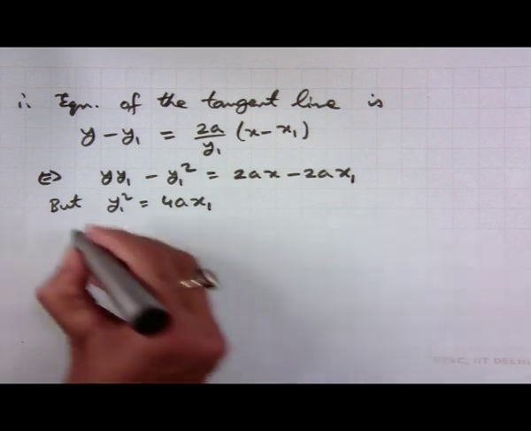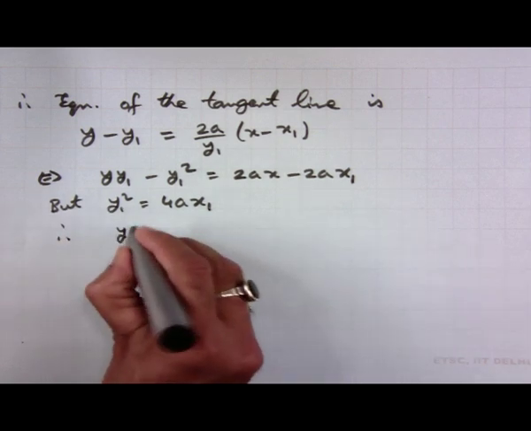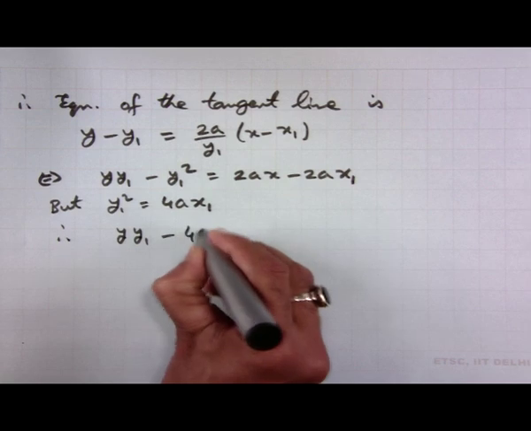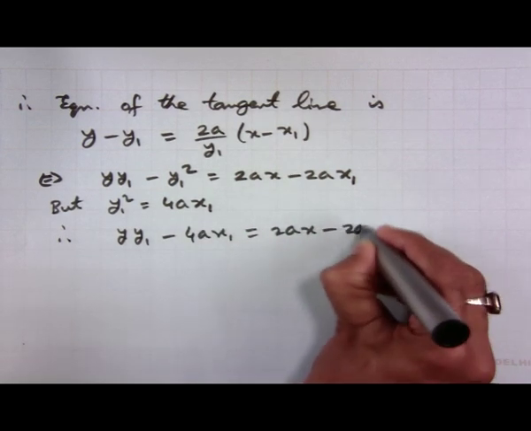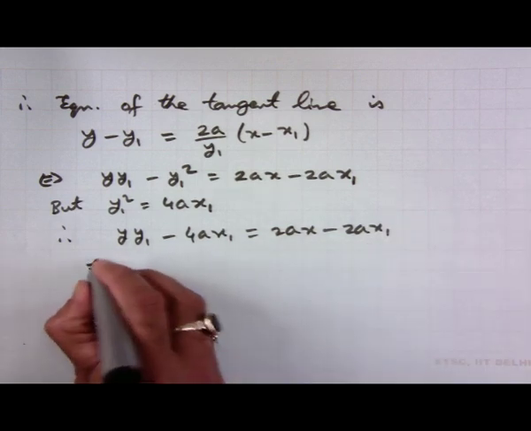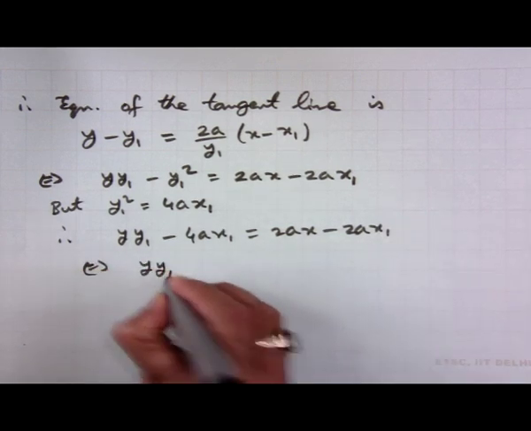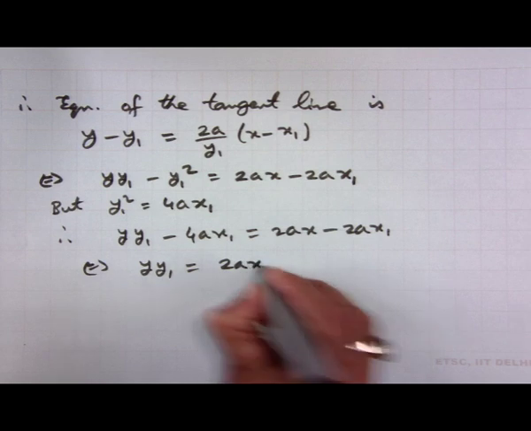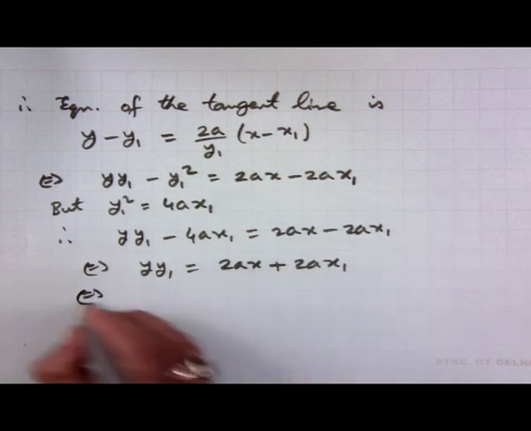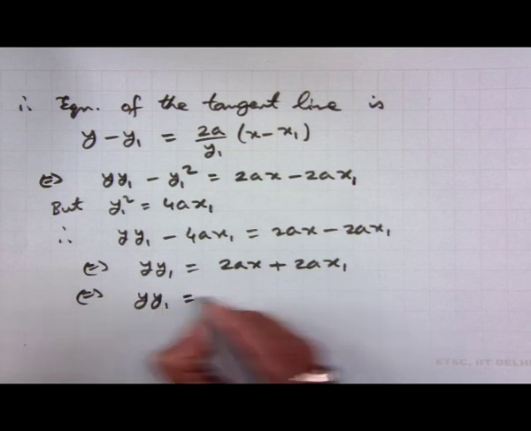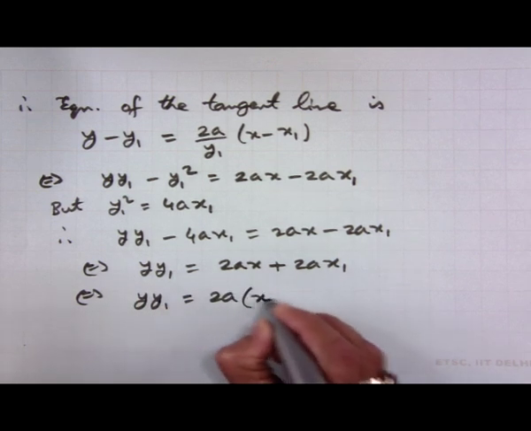Therefore, y y 1 minus 4 a x 1 equal to 2 a x minus 2 a x 1, which is same as y y 1 equal to 2 a times x plus x 1.